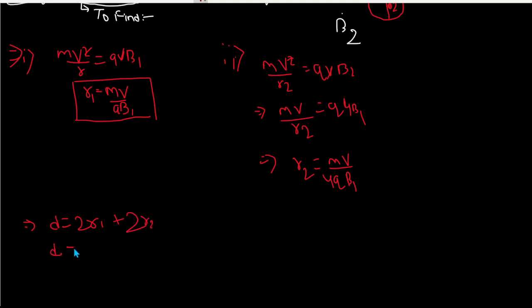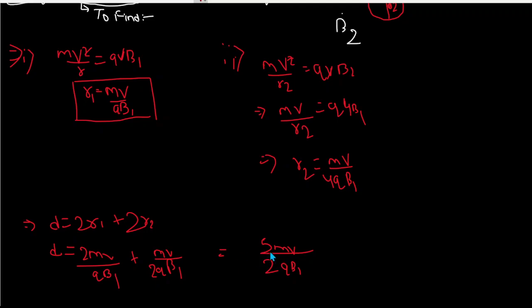We can substitute the values. 2 into R1 is 2mv divided by qB1, and plus 2 into R2 will be mv divided by 2qB1. If you add this, it will become 5mv divided by 2qB1. So this is the total distance.